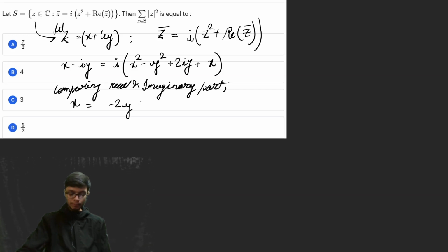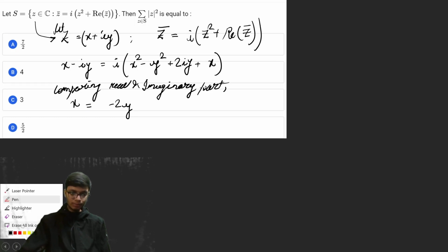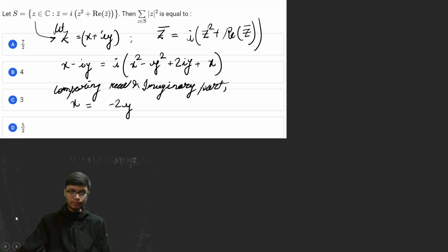Sorry, there is an x missing from here. I forgot to write x. You need to multiply with x and y, because there is z square, right? So x into y. So this will be minus of 2xy, and from here you will obtain an equation that is of the format.